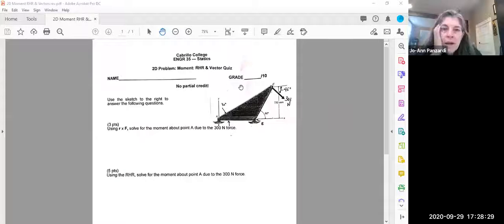Okay, so 2D problem, moment, right-hand rule, and vectors. This force here is 300. It looks like the last part of the circle of the 0 got cut off, so it's 300.